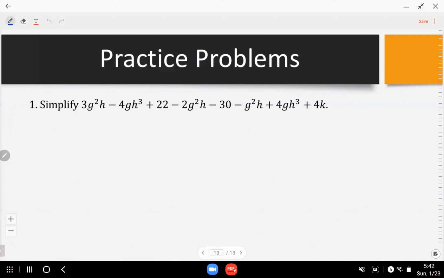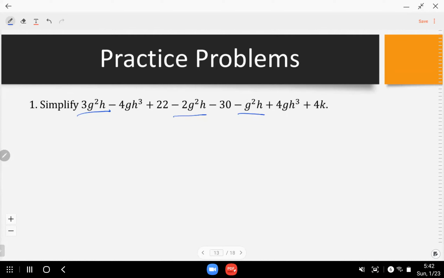Of course, this is a pretty long problem, so I will give you a sufficient amount of time. A thing to note when you're doing these kinds of problems is that a lot of people who create them make a lot of the terms cancel out. Let me give you a hint. For example, 3g squared h minus 2g squared h minus g squared h all cancels out, right?